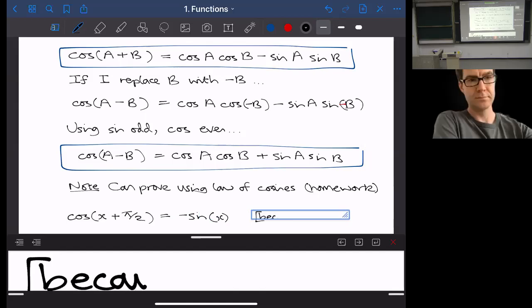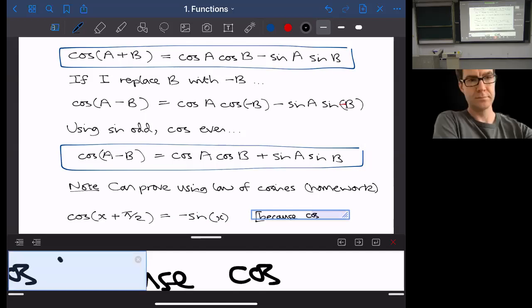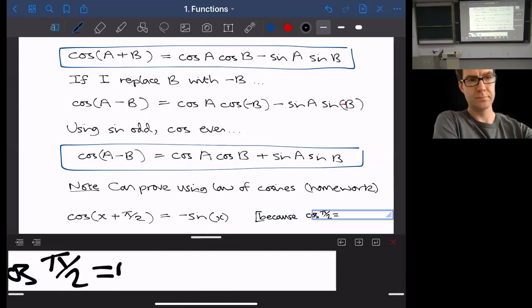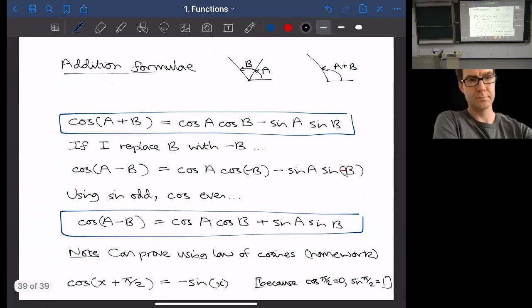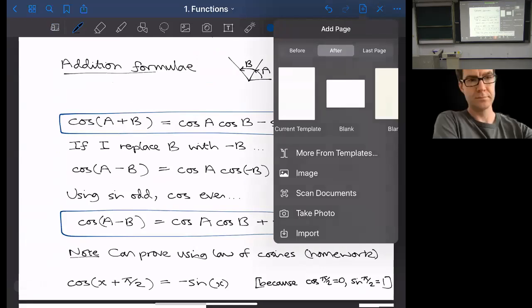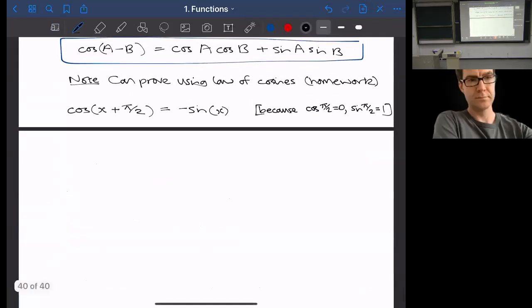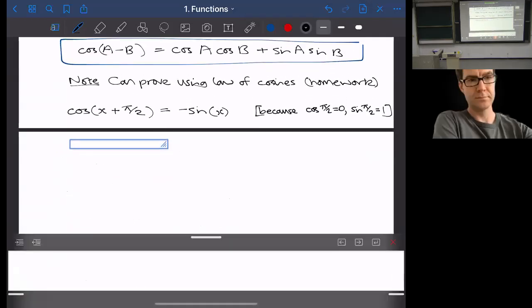Because cos of pi over 2 is 0, and sine of pi over 2 is 1. So check this.